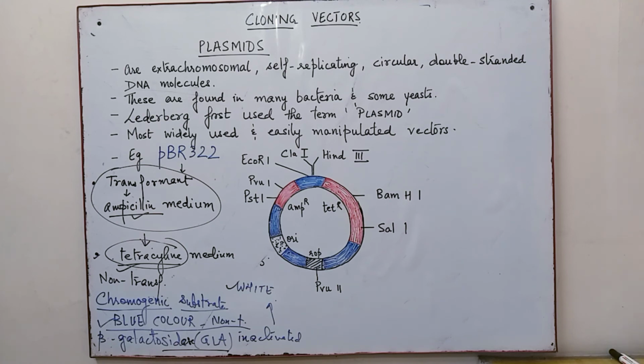Insertional inactivation is a technique used in recombinant technology to identify the transformants from the non-transformants, that is by using the chromogenic substrate.